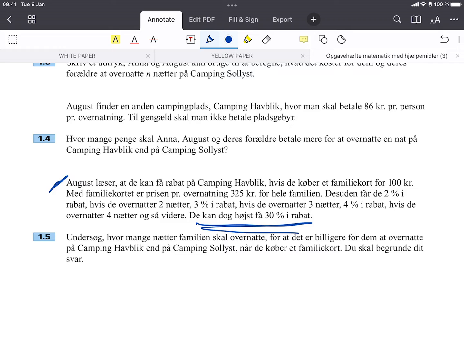They can get up to 30% in discount, because obviously you'd reach a point where they'd be there for 100 nights, and then they could just live there forever for nothing, because they'd be getting a 100% discount. So obviously that's got to be capped. But it says, investigate how many nights the family has to stay overnight in order for it to be cheaper for them to stay overnight at Camping Halblick than at Camping Sollust when they buy a family card. You must justify your answer.